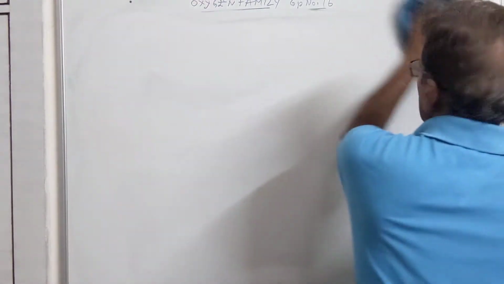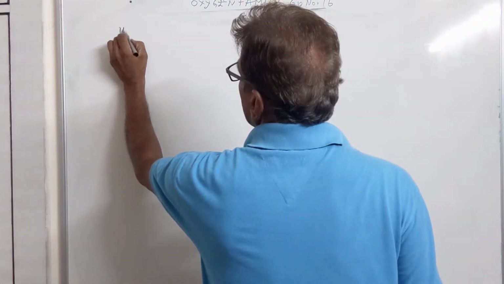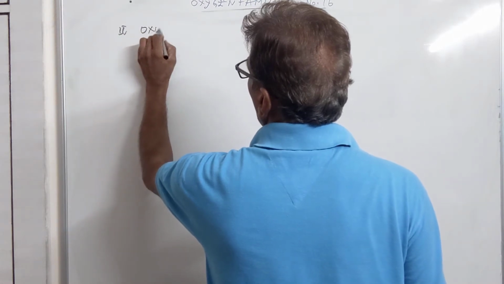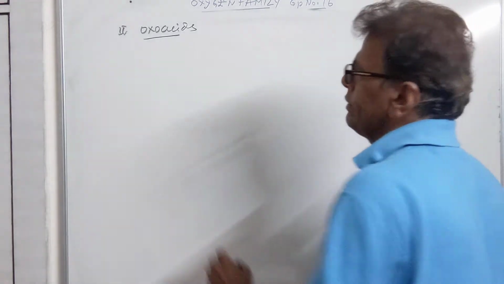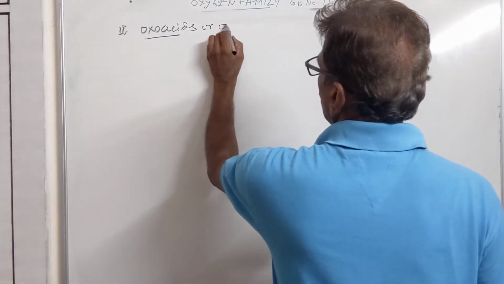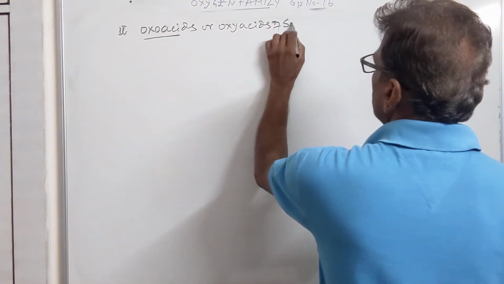Sulfur shows a number of oxidation states, and in each oxidation state it is capable of forming an oxo acid. So this is the fourth chemical property, oxo acids or oxy acids of sulfur.